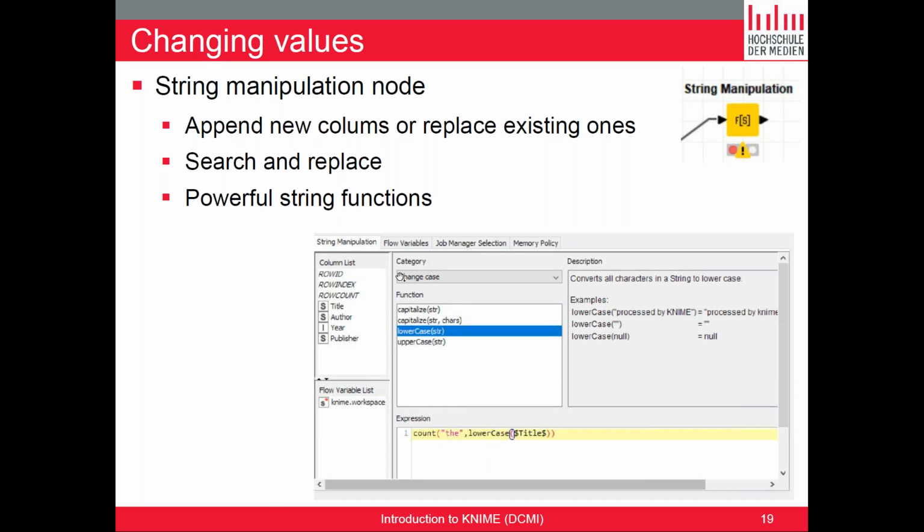Again, these configuration options are both well described, and when you close the configuration, it will be checked. So if you make a mistake in the expression, you will not be able to leave the configuration of a node.